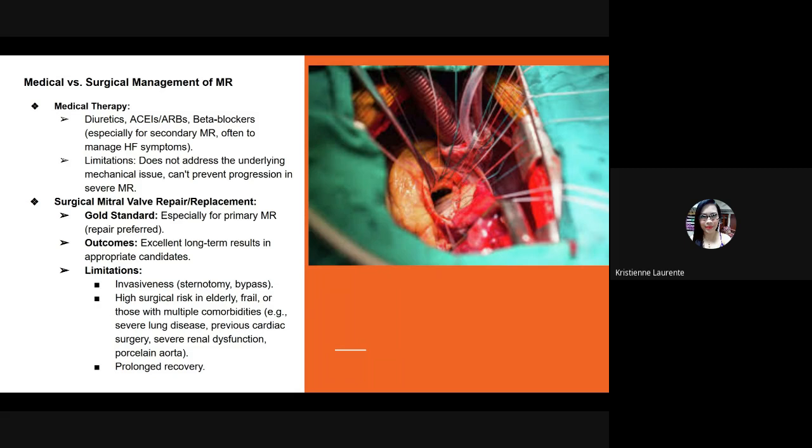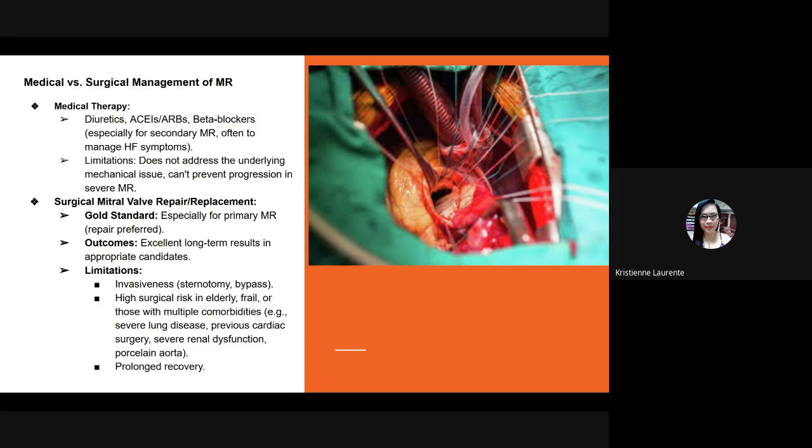So medical therapy includes diuretics, ACE inhibitors or angiotensin receptor blockers, and beta blockers, especially for secondary mitral regurgitation, because it will improve your contractility, often to manage heart failure symptoms. But the limitation of this medical therapy is that it helps only improve the patient's symptoms, but it does not really solve the mechanical issue.